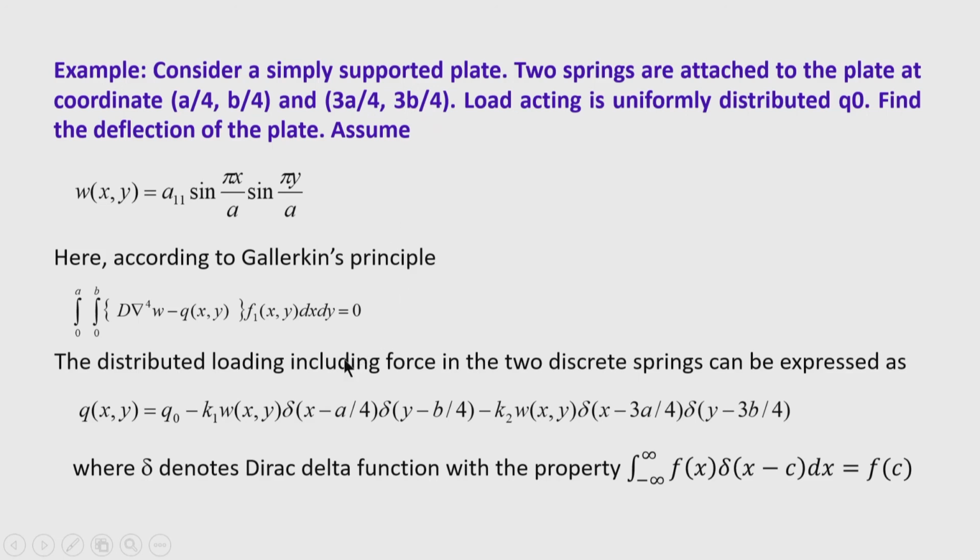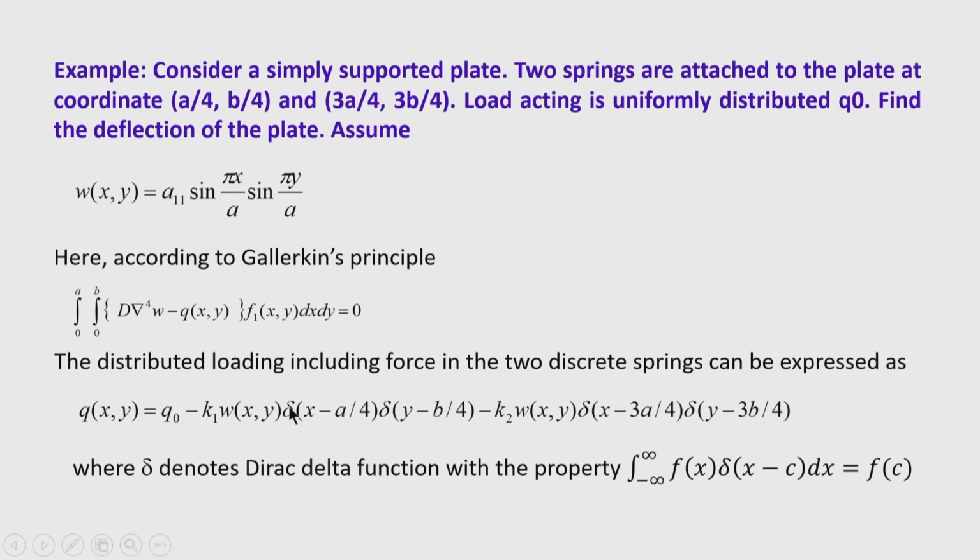So, the resistance offered by the spring at the point a by 4 comma b by 4 will be k 1 into w x y into Dirac delta x minus a by 4 into Dirac delta y minus b by 4.